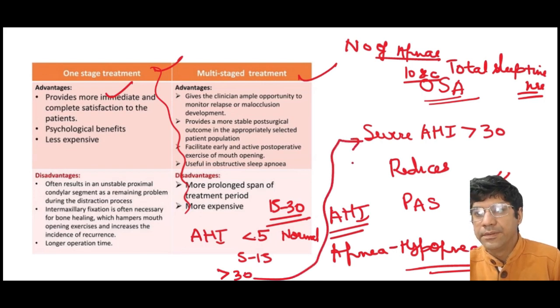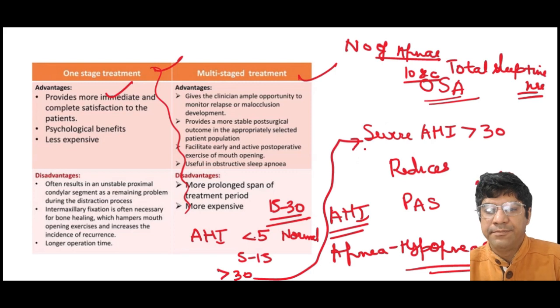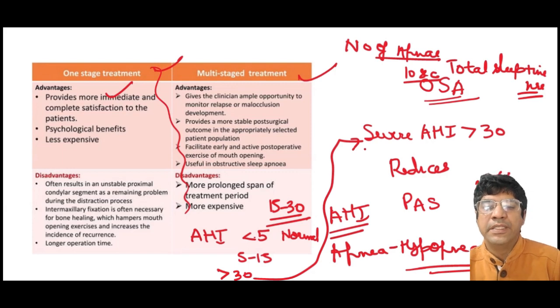On the other hand, PAS, that is pharyngeal airway space, refers to the space within the pharynx, the part of the throat that is behind the mouth and the nasal cavity, that allows air to pass through during breathing. So reduced PAS can contribute to airway obstruction during sleep, leading to a condition known as obstructive sleep apnea.